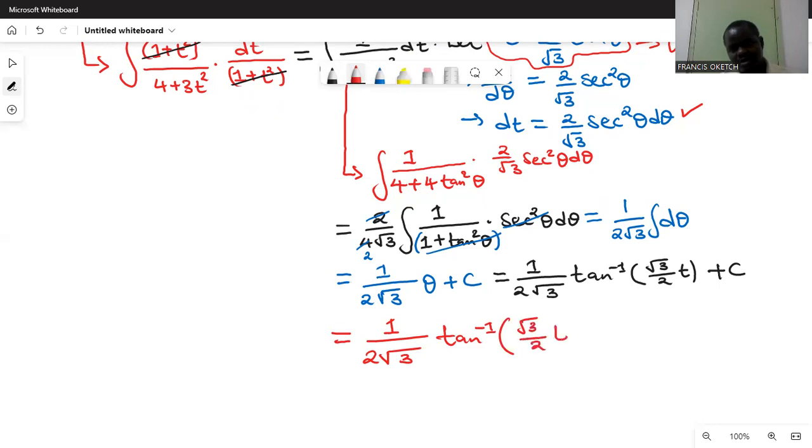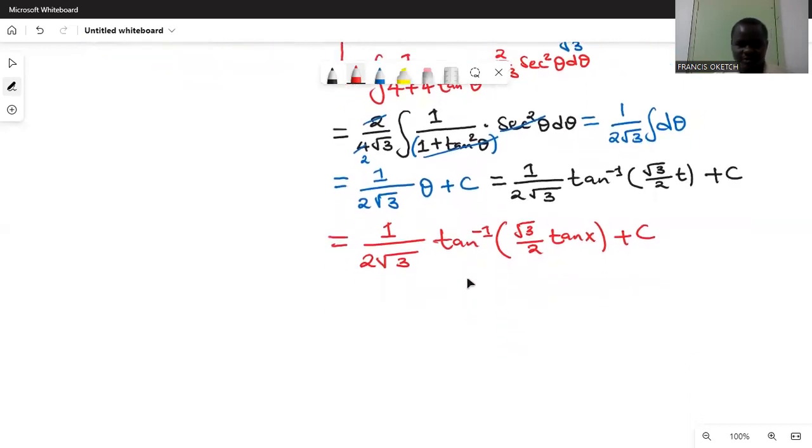Instead of t, that is the same as tan x, then plus a constant c of integration. So again, this is very simple as long as you know where to start from.